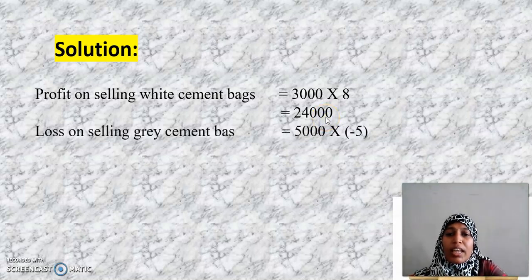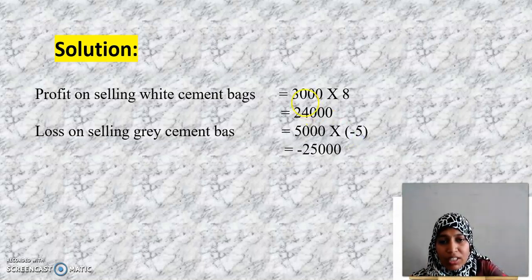Loss on selling grey cement bags is 5,000 into minus 5. I have represented a negative sign because he has a 5 rupees loss. So, minus 25,000 loss. This negative sign indicates that the company is at a loss of 25,000.